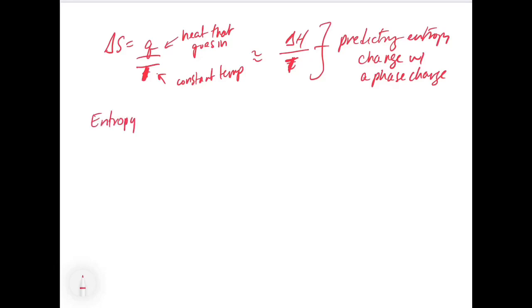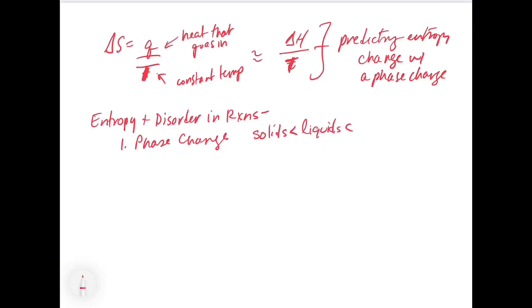Let's look at entropy and disorder in reactions. We talked about phase changes already. So when it comes to phase changes, we said that solids have the lowest entropy, which is less than liquids, which is less than gases.